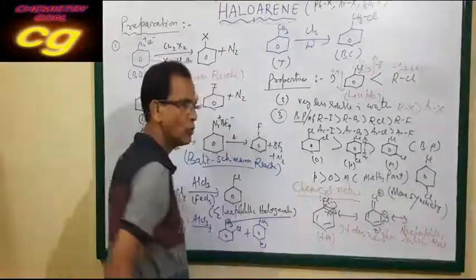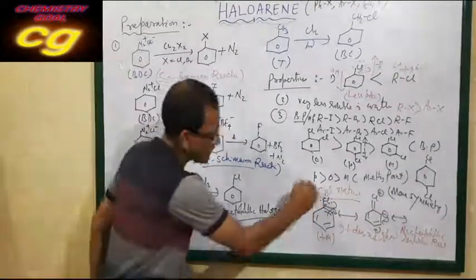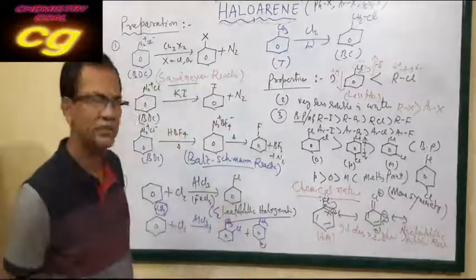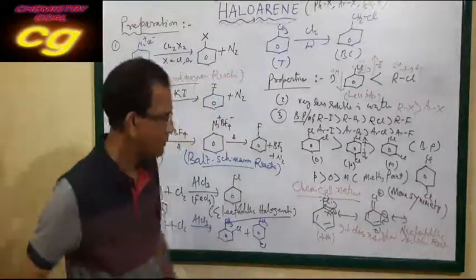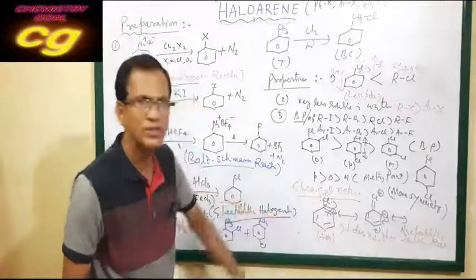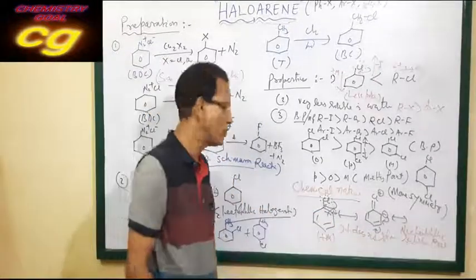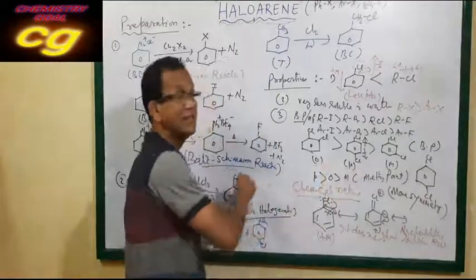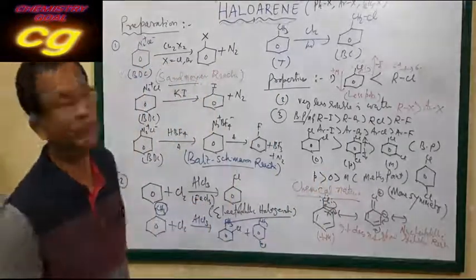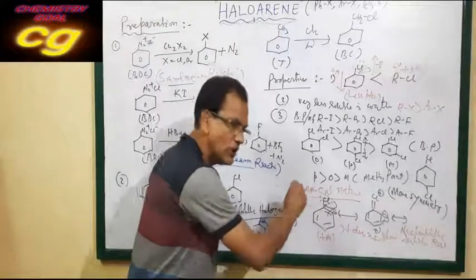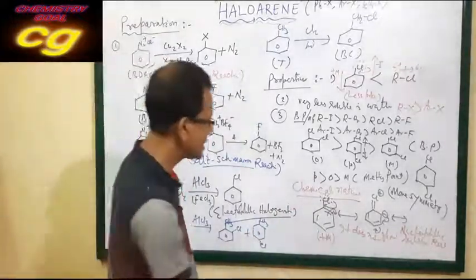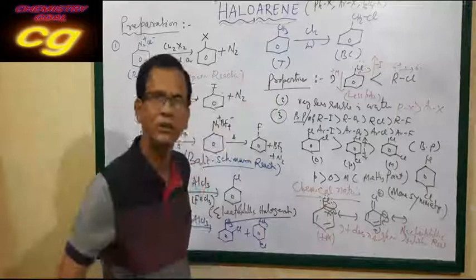Halogen is an activating group because it supplies electrons towards the ring due to resonance. So this is a mesomeric effect. Due to plus M, the electron density around the ring increases, so an electrophile can easily attack the benzene ring, because the benzene ring also acts as an electron source due to its pi electron cloud.